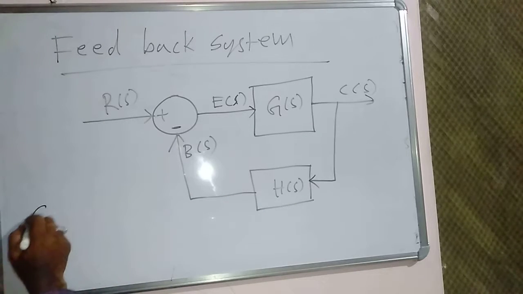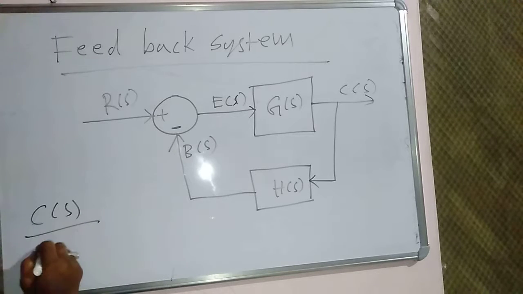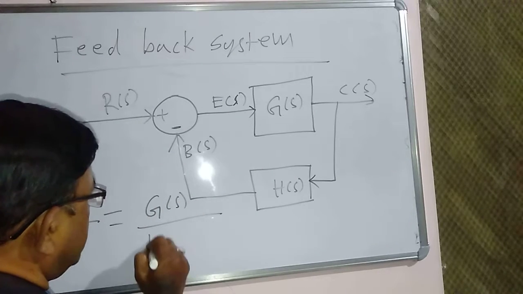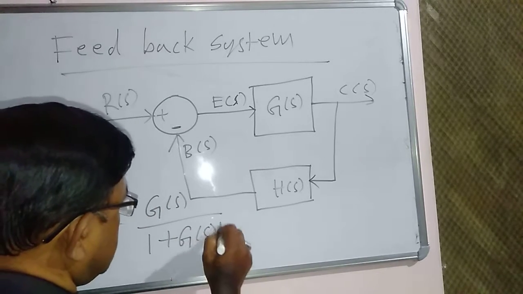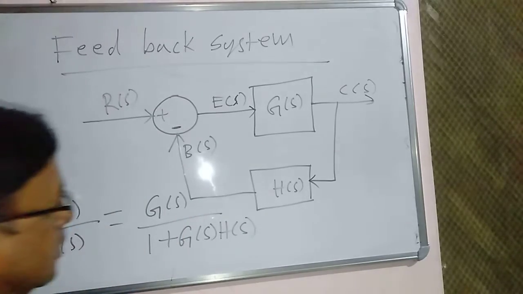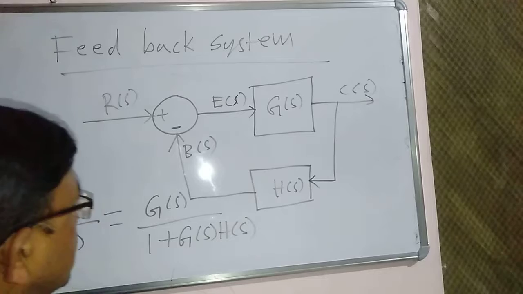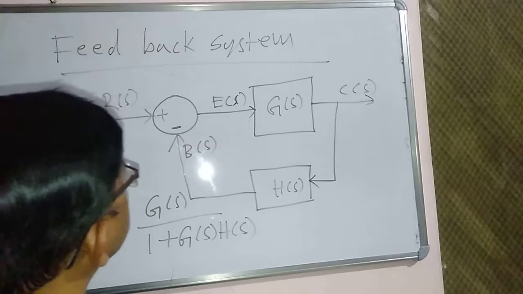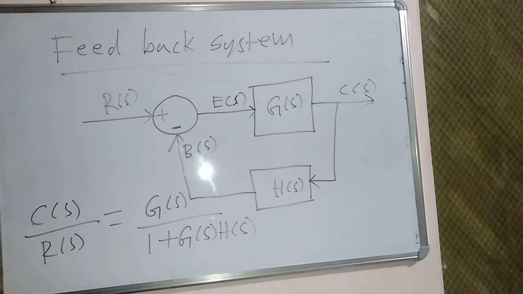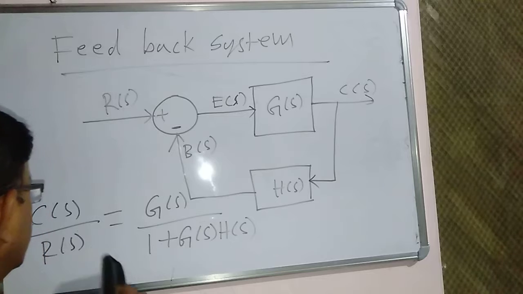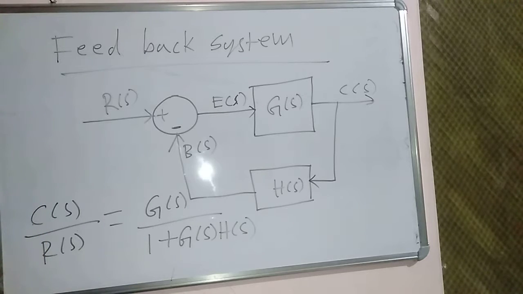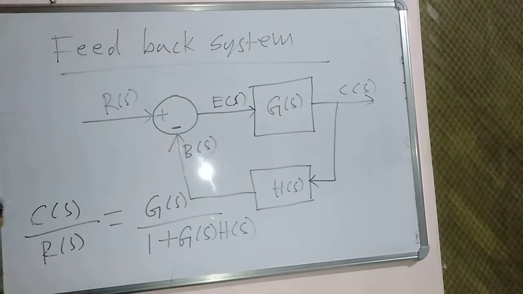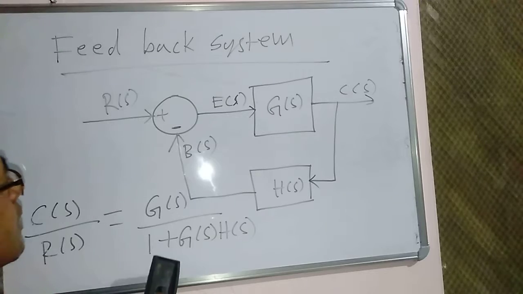Therefore, the transfer function C(S)/R(S) is equal to G(S)/(1 + G(S)H(S)). So now we can prove this. The transfer function of a negative feedback system in canonical form is equal to G(S)/(1 + G(S)H(S)).